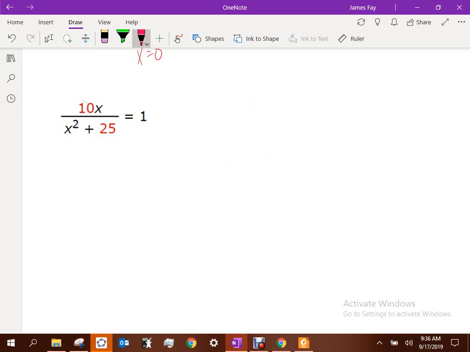The way I got 26, I just plugged in 1 for x squared, so that is a number. So instead of multiplying by 26, I multiply by the expression that gave me 26 when I substituted x. Multiply that, cancel, so it leaves me 10x equals x squared plus 25.